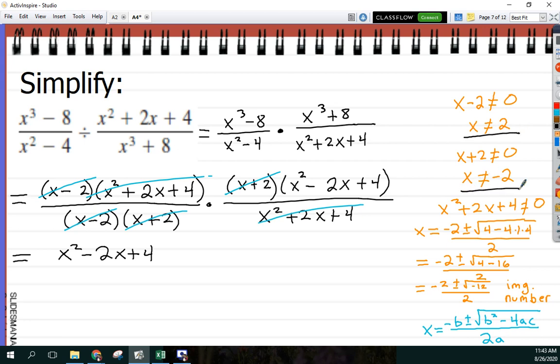So we're only going to use that x cannot equal 2 and negative 2. We don't have to worry about the imaginary number because it's not going to be a real number restriction. So the minute that I see this is going to be imaginary, I can stop there, say I don't need to worry about that one, and then this would be my final answer.